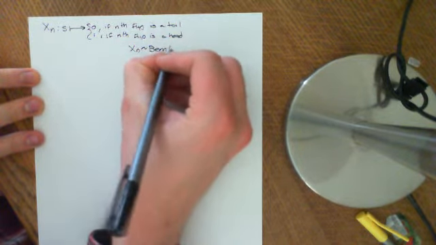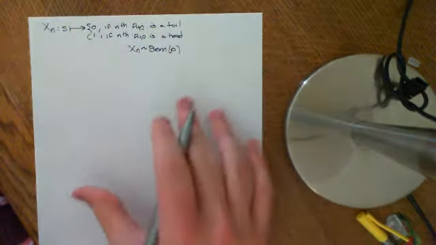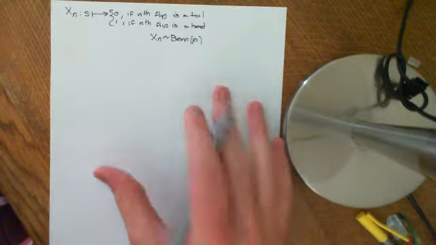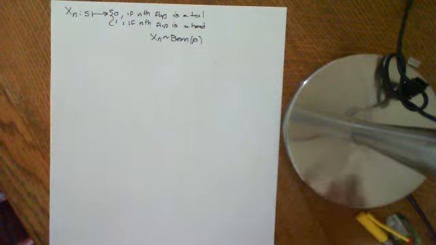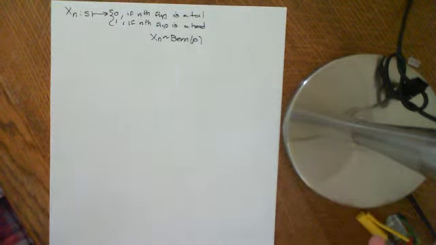So all of these random variables, x1, x2, all the way up to xn, are all identically distributed Bernoulli p. It turns out that they're also independent, and the intuitive reason for that is that what you get on the first flip does not affect what you get on the second flip.